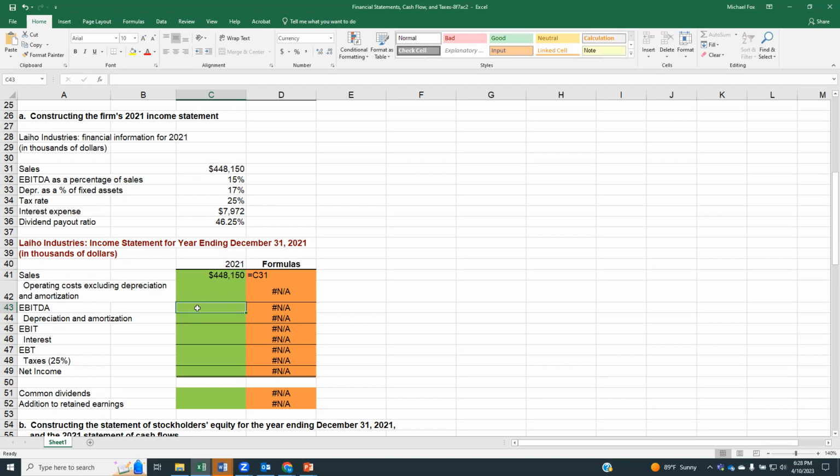So I'm just going to say this equals our sales and then times, and with Excel, the asterisk is how we do times, that amount, 15%. And that will give me my EBITDA. And now, since I know sales minus operating costs equals EBITDA, I can just say this equals the sales minus the EBITDA. So that's our operating costs excluding depreciation and amortization.